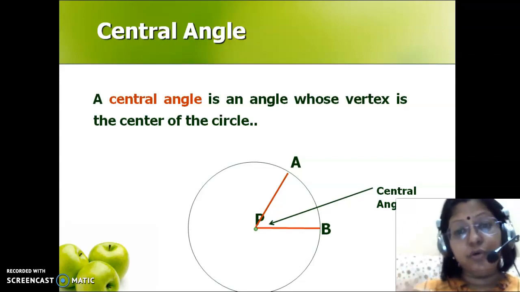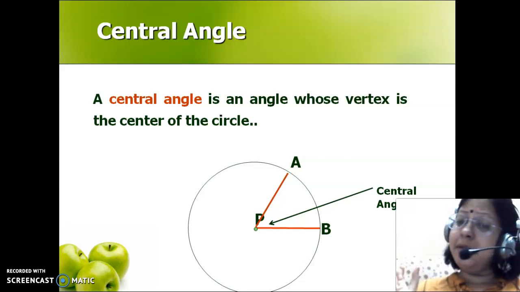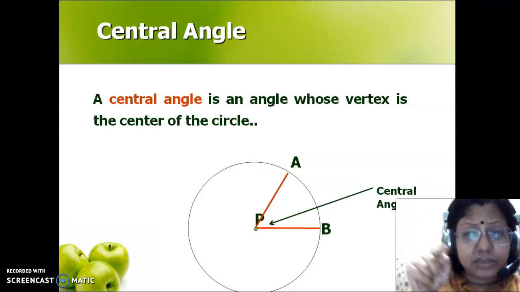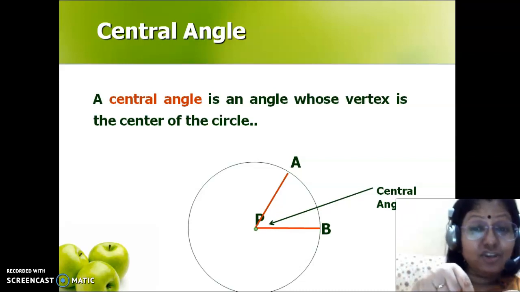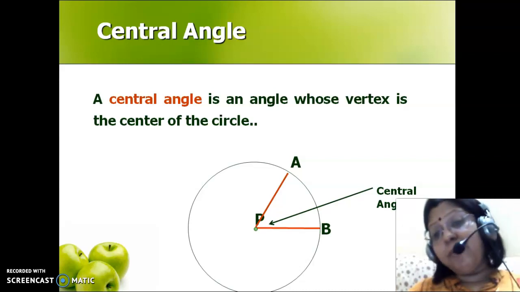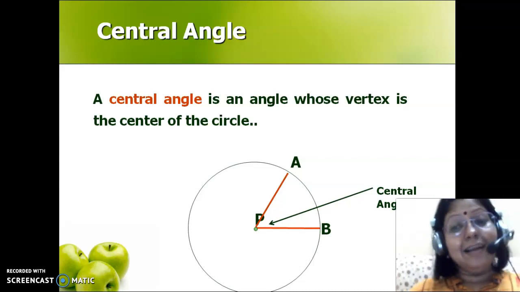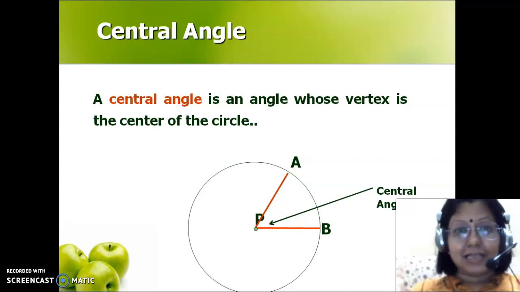So now here also my 2 line segments, line segment AP and line segment BP, meet each other at point P. But you can see where they are meeting each other at point P, P is nothing but center. So therefore my angle is called central angle. I hope you all understood this central angle concept very well.